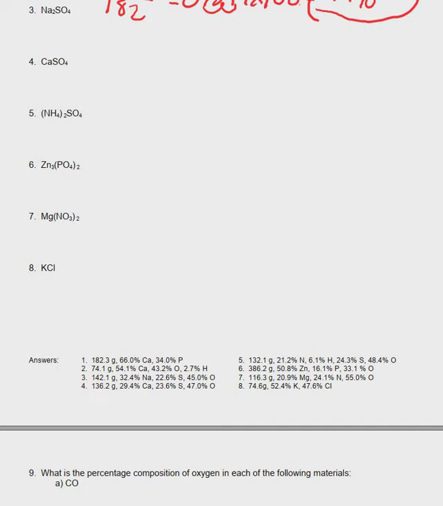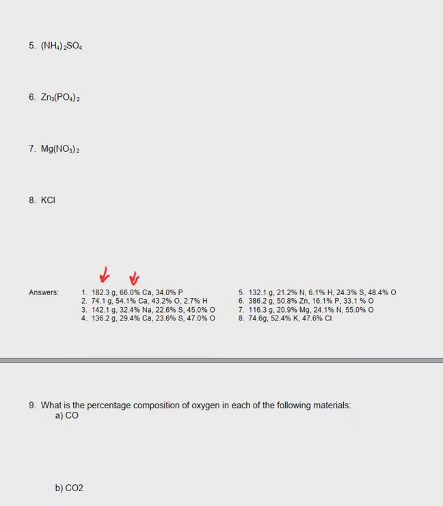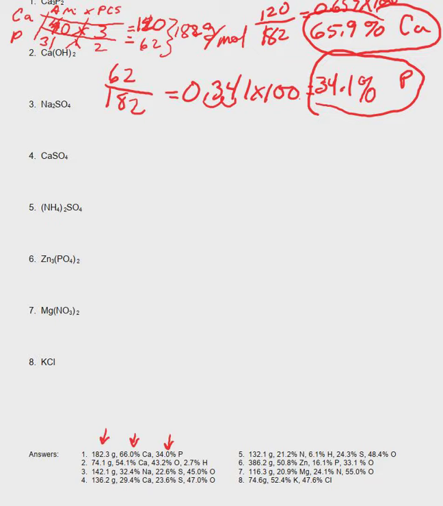The total atomic mass is 182.3. Its percentage is 66%, which is pretty close. I said 65.9, and 34% for phosphorus. And that is how you figure out percents.